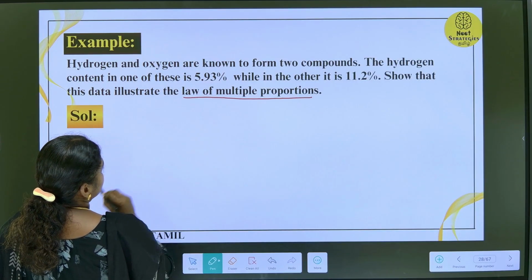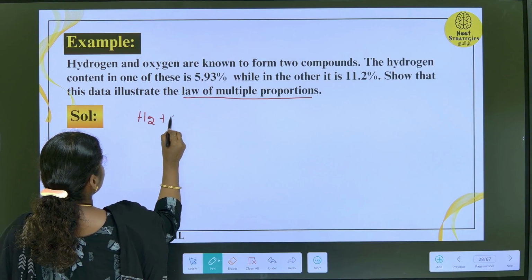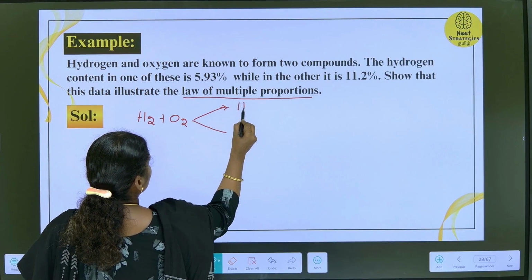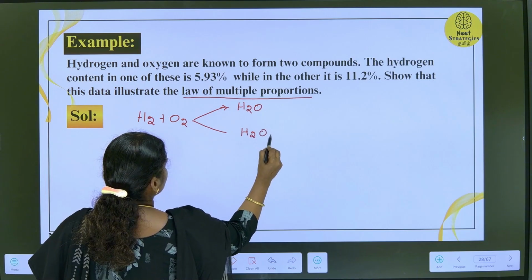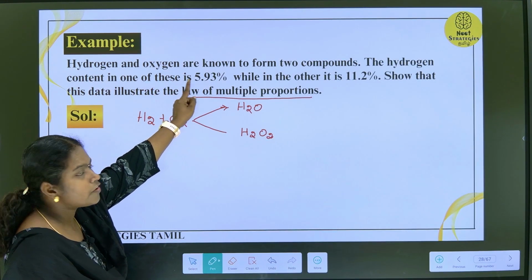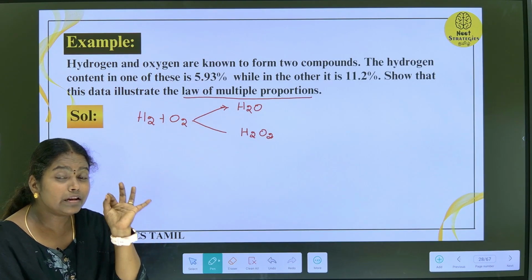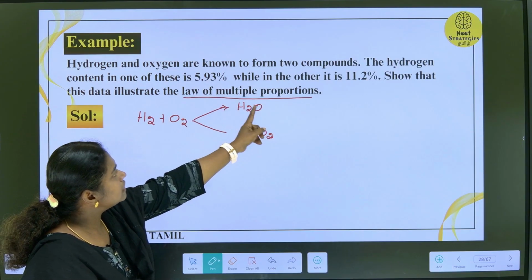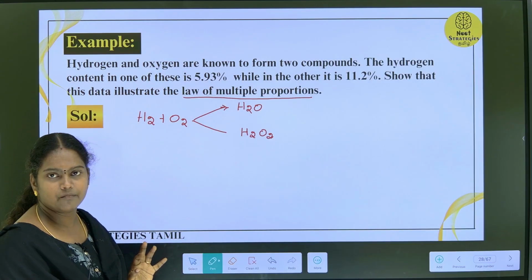Hydrogen and oxygen combine to form two compounds, one is water and the other is a peroxide.